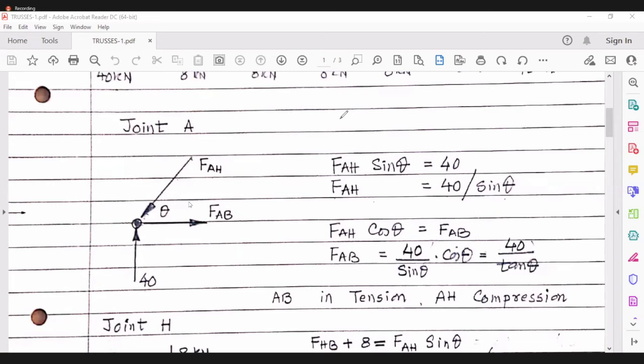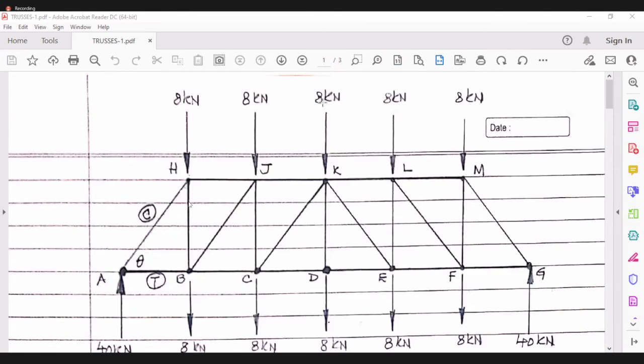Now we have concluded that AB is in tension and AH is in compression, right? And that is the reason I am showing AH in compression, and this in tension.